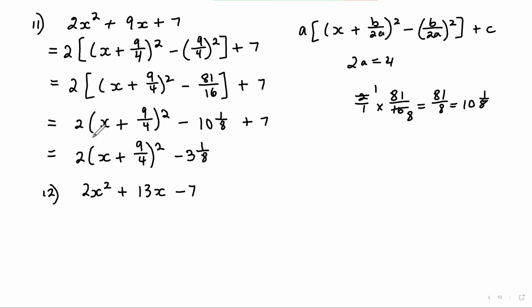Let me just put this on the next page, Isabel. I was trying to squeeze it in here, but I can't. So let's do 2x squared plus 13x minus 7.